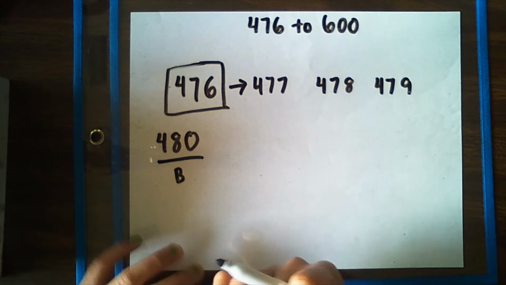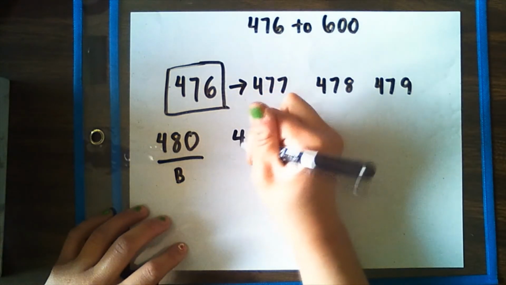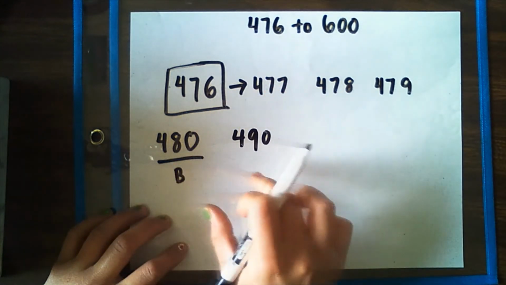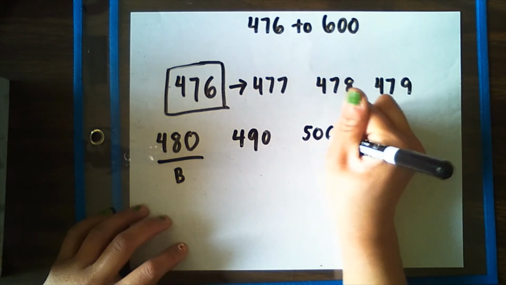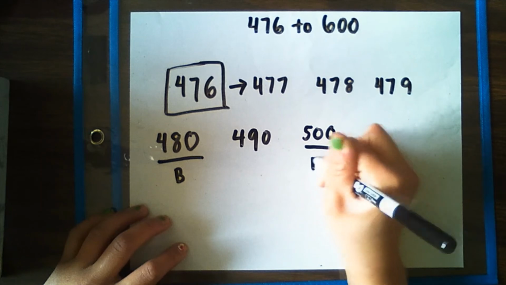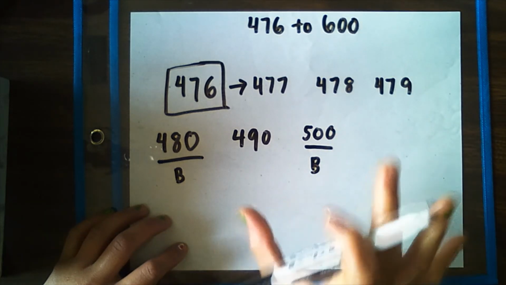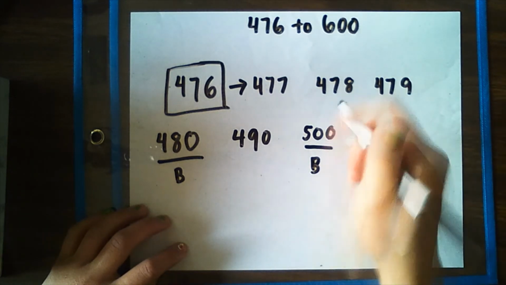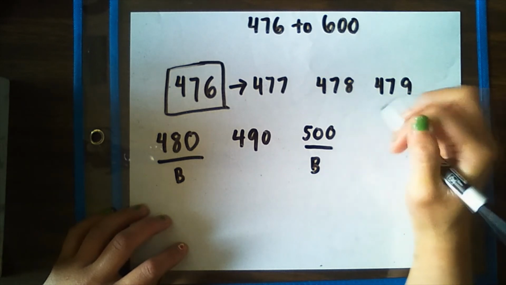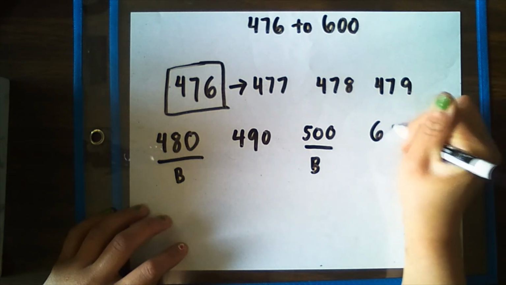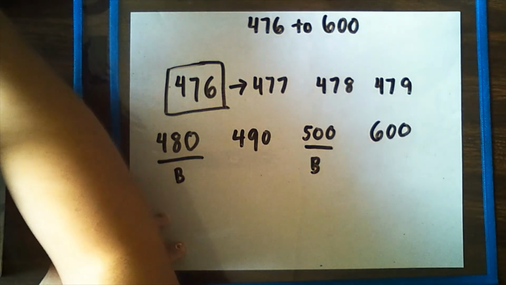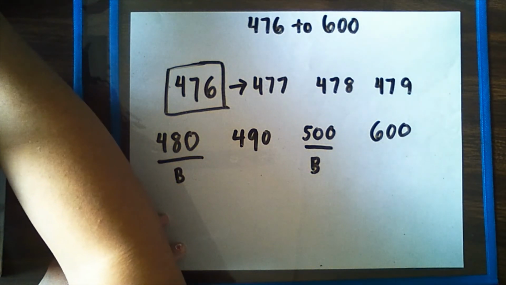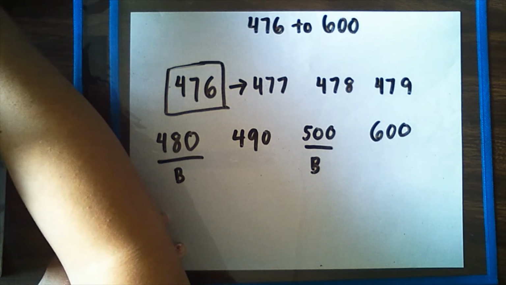So that's our benchmark number, 480, and then we went up to 490. We started counting by tens from there. And then we went up to 500. We're also going to underline that and put a B under it because that is our benchmark number. And then we skip counted by hundreds to get to 600, and we finally got to our end destination of 600 there. That's how we used our numbers to show how we counted with our base 10 blocks.